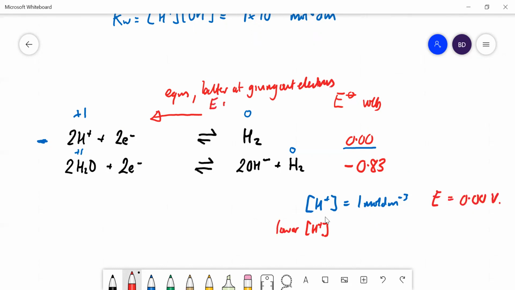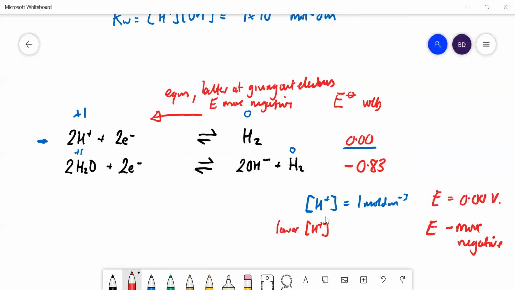The E value will become more negative. So with low hydrogen concentration, E becomes more negative. And the lower we make the hydrogen ion concentration, the lower and lower the electrode potential is going to be, the more negative it is.